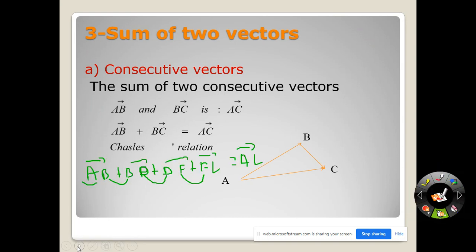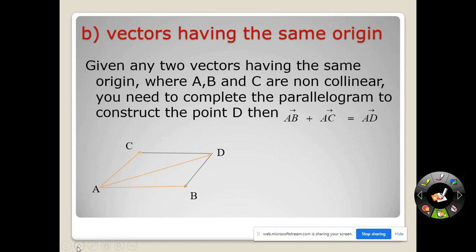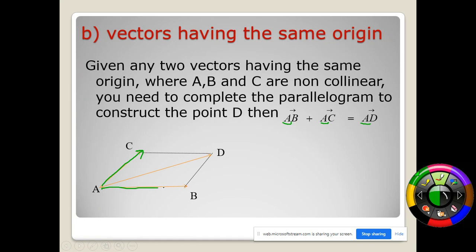But I also have the parallelogram rule, when the vectors start from the same vertex but are not consecutive. Example: AB plus AC. They start with the same letter, A, and the answer is A to a new point, which should form a parallelogram. How do we find it?